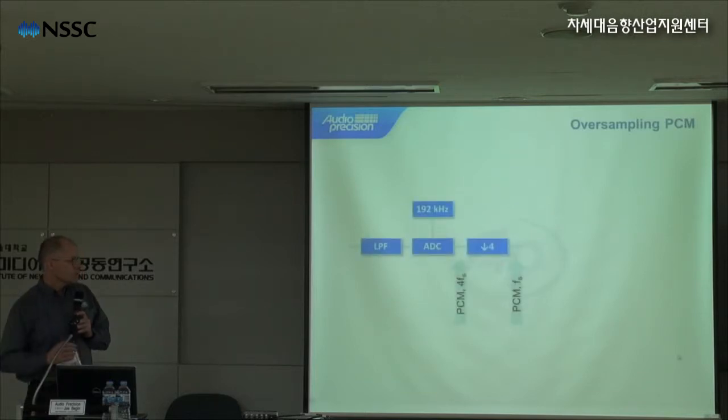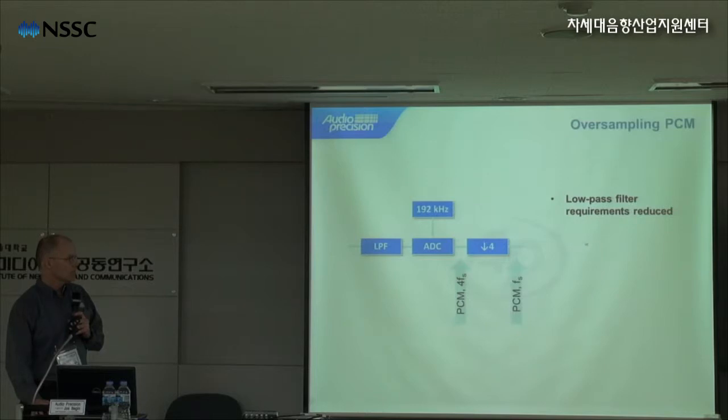Now the more modern technique of doing this is to use oversampling. So we have a low-pass filter which is not as sharp, not as steep, and therefore less expensive. We would sample at a higher rate, say 4 times the sample rate at which we want to eventually have the signal at. So if we want a 48 kilohertz sample rate, we'll sample at 192 and downsample by a factor of 4.